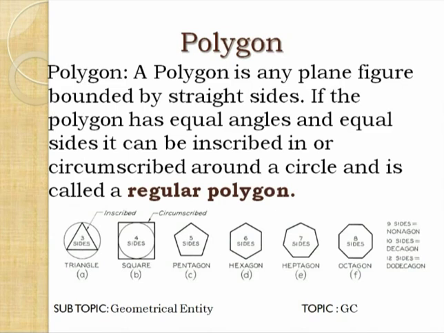In second figure, a square is circumscribed around the circle. Third figure is of regular pentagon. Fourth figure is for regular hexagon, then heptagon, octagon, nonagon, decagon and dodecagon. So these are the different polygons that we will include here in geometrical construction.